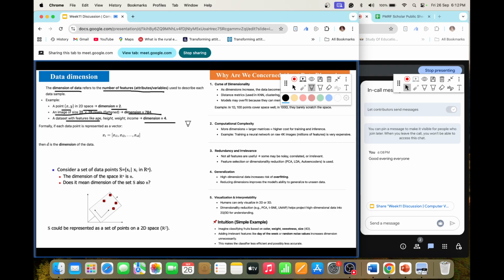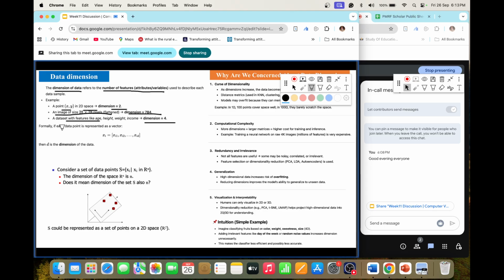That is the dimension of your image. Another example: you must have seen various charts where a person's name is written, and then different attributes like age, height, weight, income. How many dimensions are there? 1, 2, 3 and 4. So that dataset has 4 dimensions.